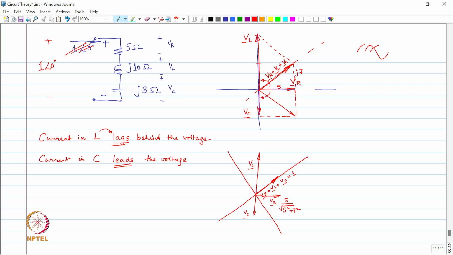VL, earlier it had a length of 10, now its new length is going to be 10 divided by root over 5 squared plus 7 squared. Okay. Earlier VC had a length of 3, now its length is going to be 3 divided by root over 5 squared plus 7 squared. All right. Earlier this angle, how much was this angle?